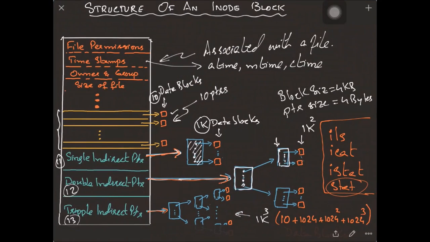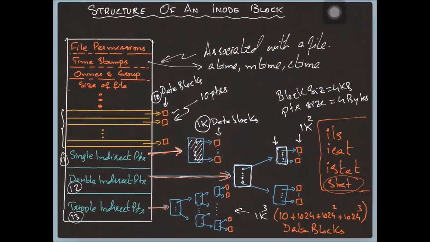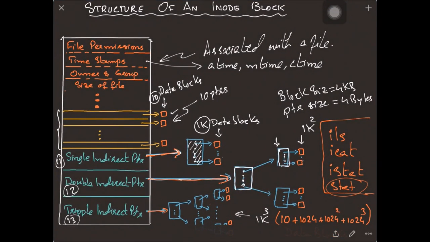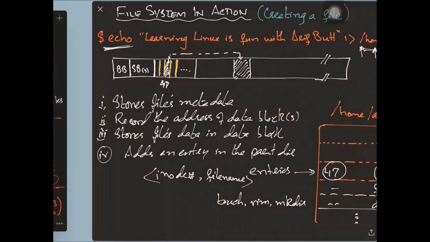Then we talked about the structure of an inode block, and we have seen that all the metadata of a file is there in the inode block, and it has 13 pointers which point to the data blocks. And we have a lot of commands which you can use to view the contents of the inode, and seeing this we can easily calculate the max size of a file we can have using this structure.